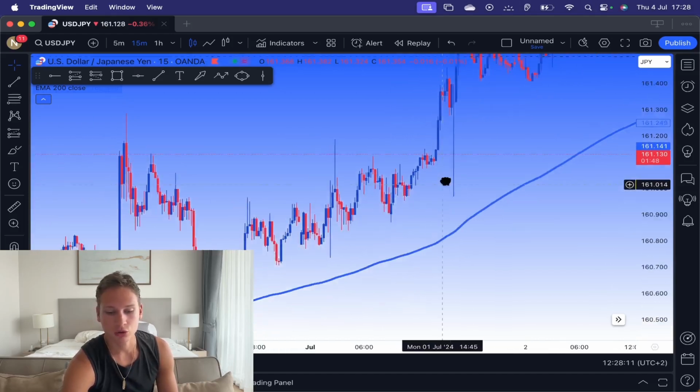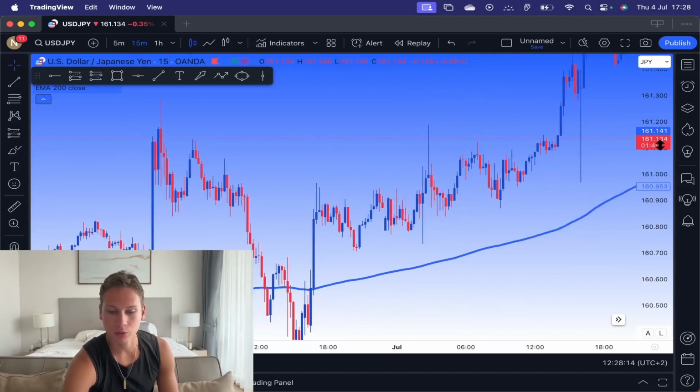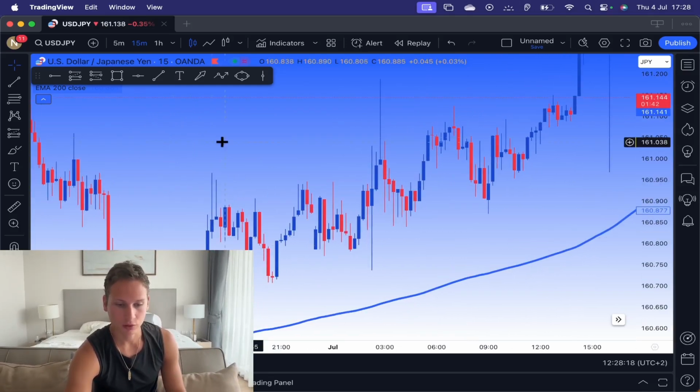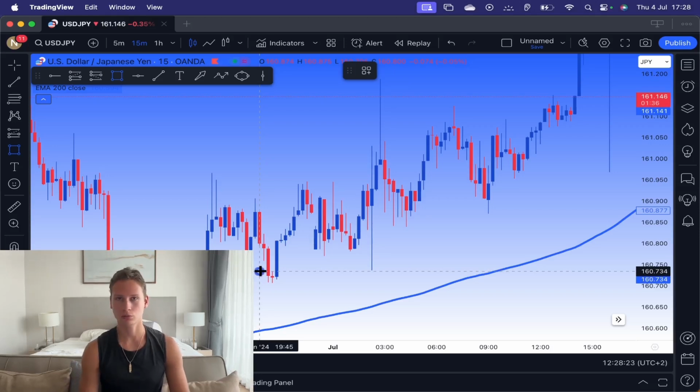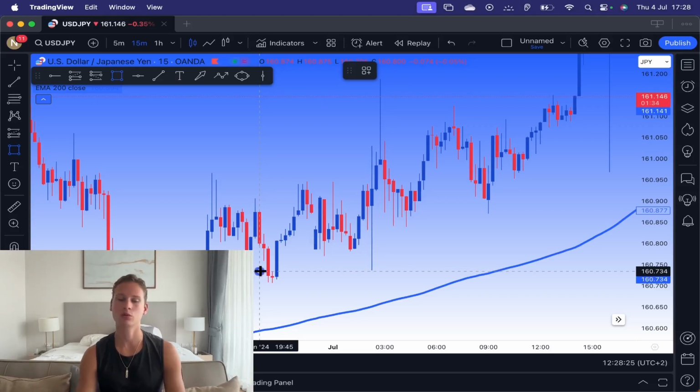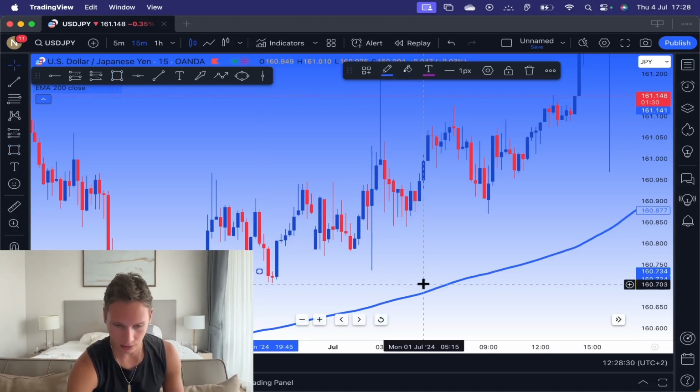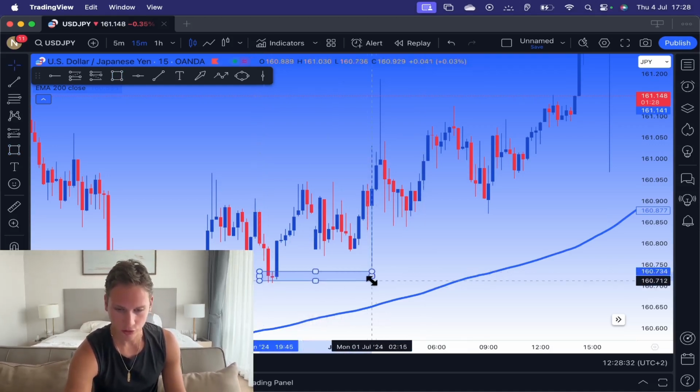Now I'm going to show you guys what a simple demand zone is, right here. First of all, what is a demand zone? That's the first thing that I'm going to explain to you guys. So a demand zone, I'll draw it right here.